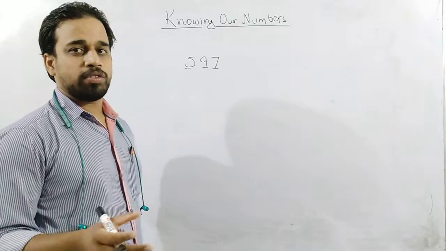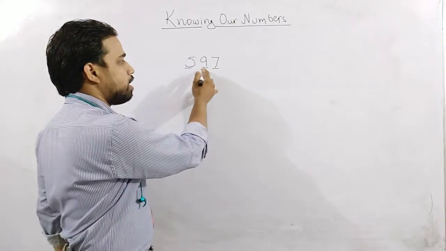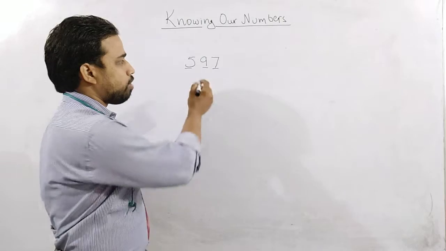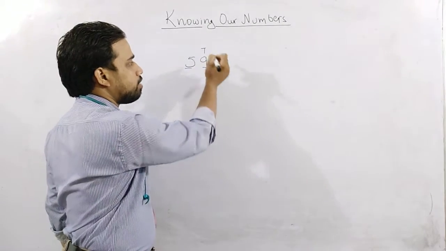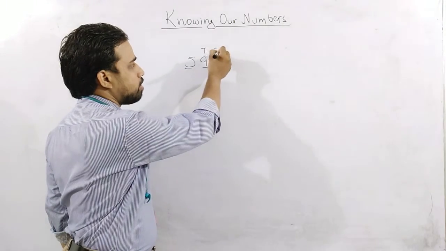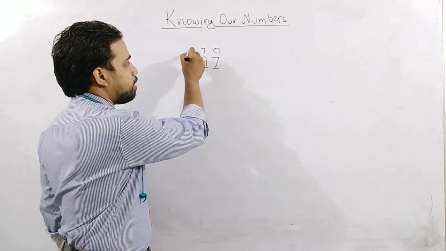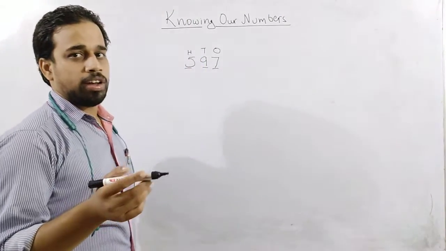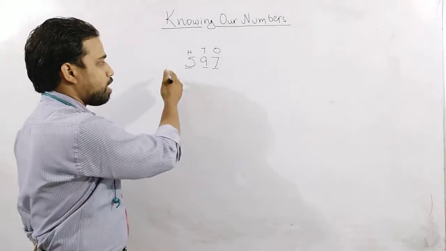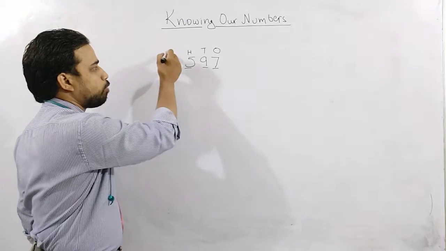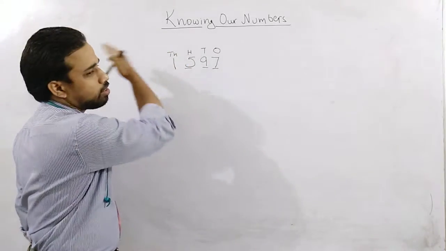If I have to ask what is the position of 9 in 597, you all will say the position of 9 is tens, the position of 7 is ones, and the position of 5 is hundreds. If there was a number before 5, let's say for example 1, then the position of 1 would be thousands and so on.